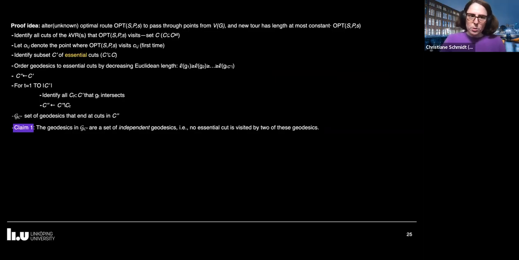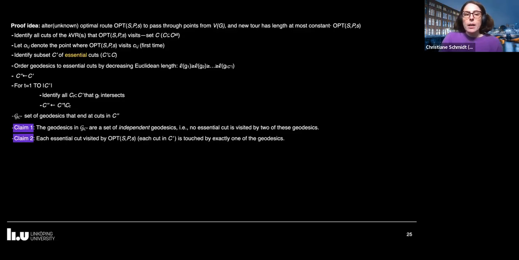And then the first claim, so the claims are the things that we still have to prove, is that the geodesics that we're left with are independent geodesics. So no essential cut is visited by two of these geodesics. The second claim is that each essential cut that's visited by the optimum, so that's in C prime in the second set that we had, is touched by exactly one of the geodesics.